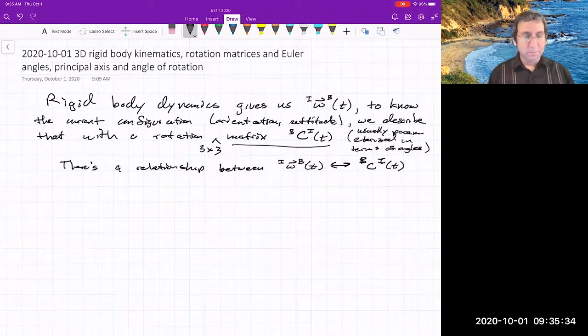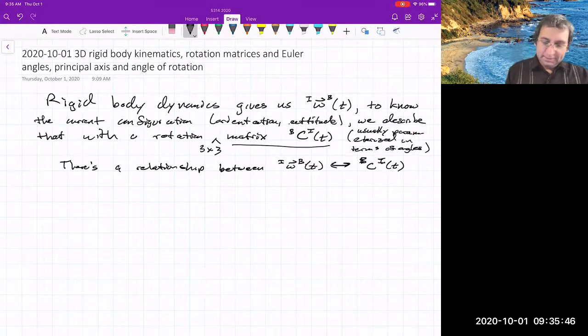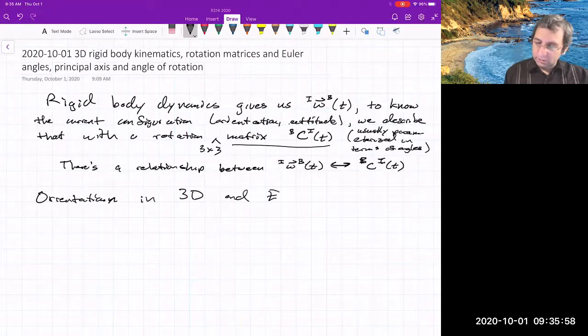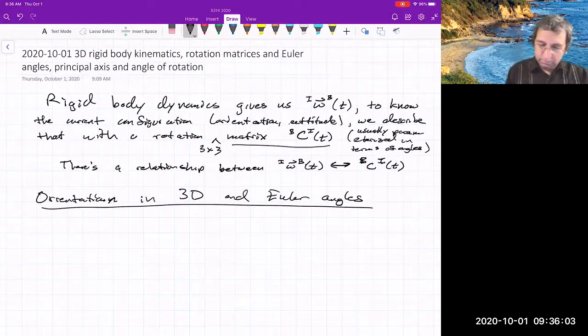Okay, so it's easiest to start out doing this in 2D, because rotations, if we just have a 2D world, are easier. But in general, we'll be talking about orientation in 3D and Euler angles. But let's start in 2D.